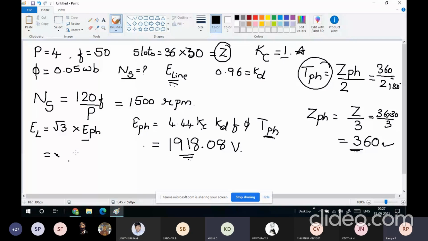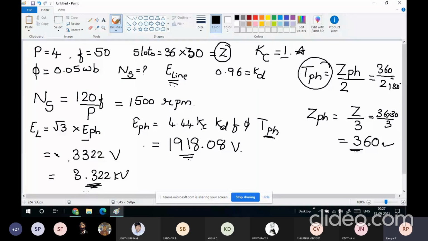Okay, it is something like 3,322 volts, or I can write it as 3.322 kilovolts, right?